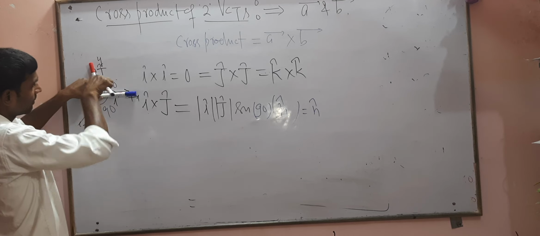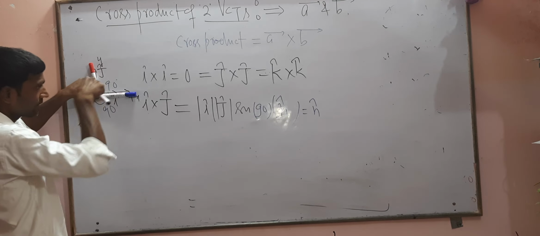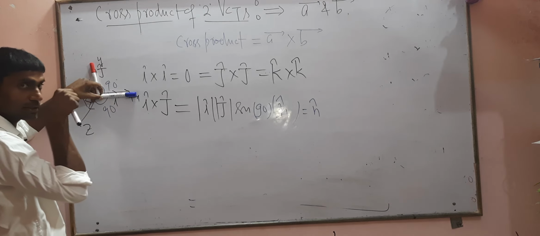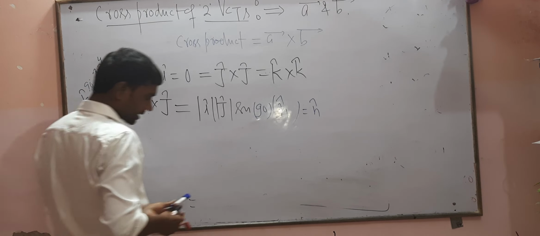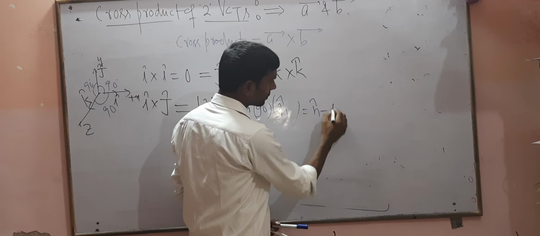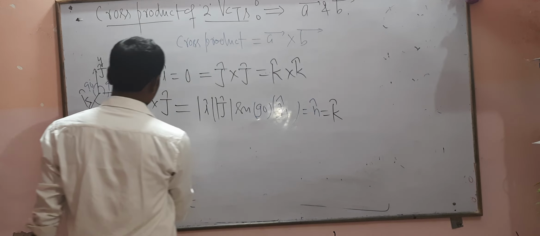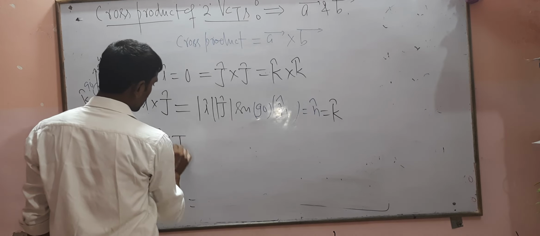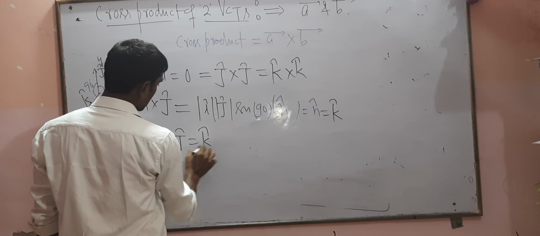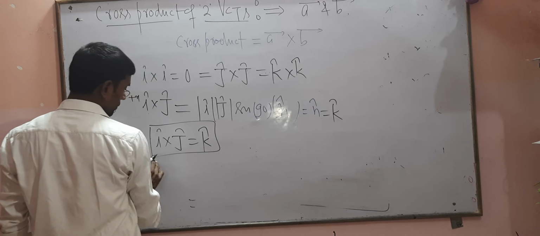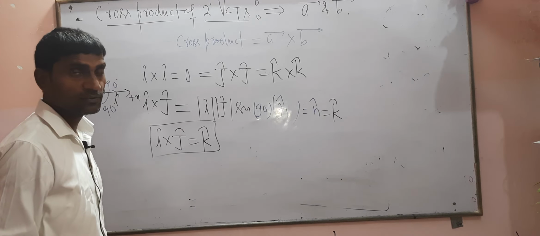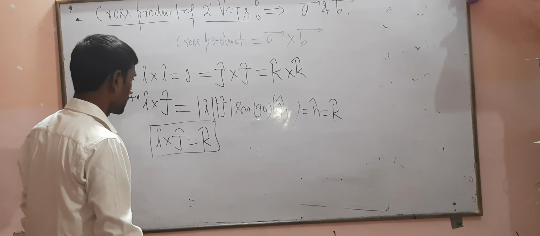So the thumb will be outside, outside is the z axis, and the direction of the z axis is k cap. This implies n cap equals k cap. So i cross j will be equal to k cap.